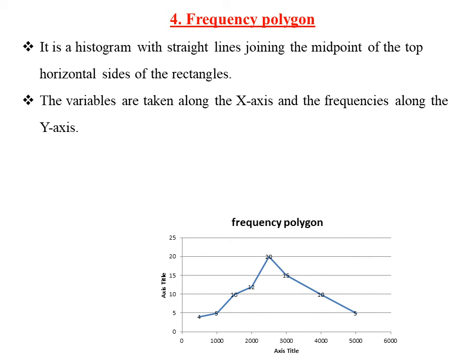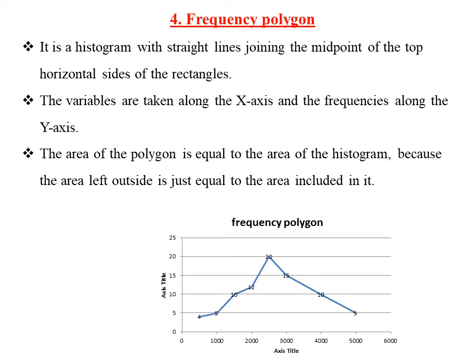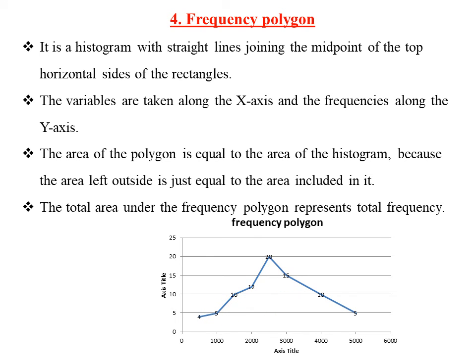This figure shows the frequency polygon, that is, the straight lines joining the midpoints of the horizontal sides of the rectangles. The area of the polygon is equal to the area of the histogram because the area left outside is just equal to the area included in it. The total area under the frequency polygon represents the total frequency.